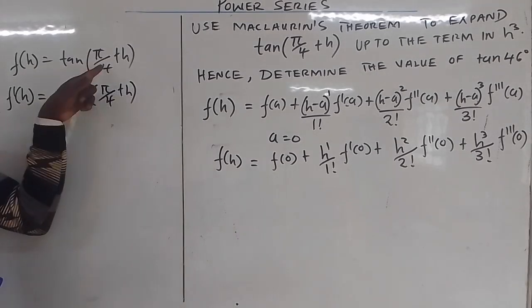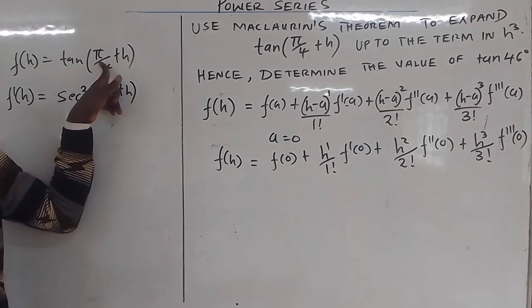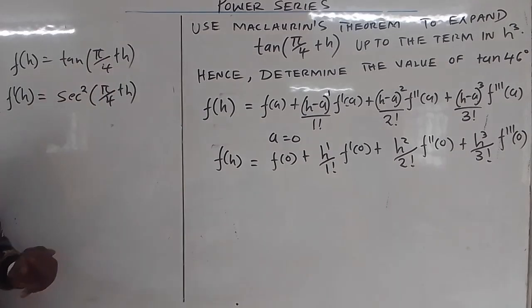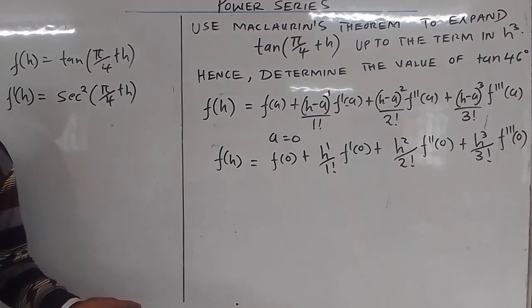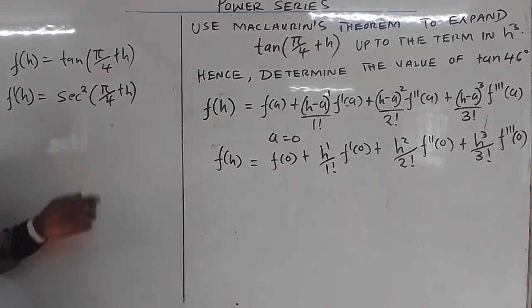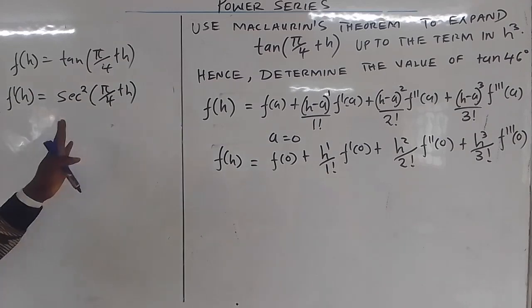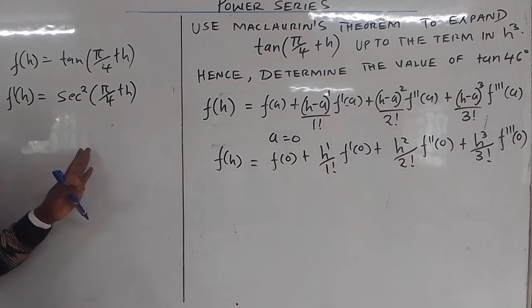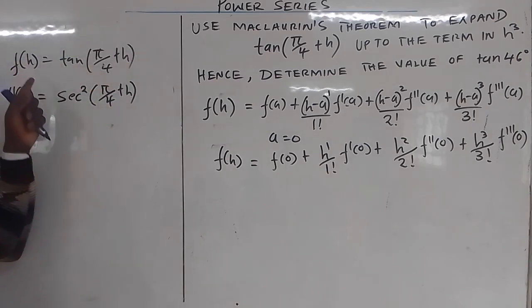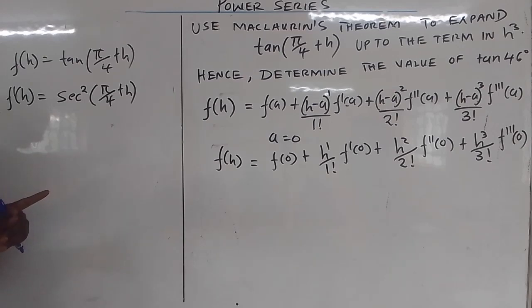Then you differentiate the inner function: differentiating pi over 4 you get 0, differentiating h you get 1, meaning the derivative of the inner function is just 1. So we remain with the derivative of the outer function. Are you seeing how this example is moving? Very different from the other cases, okay? Then move to the next one.